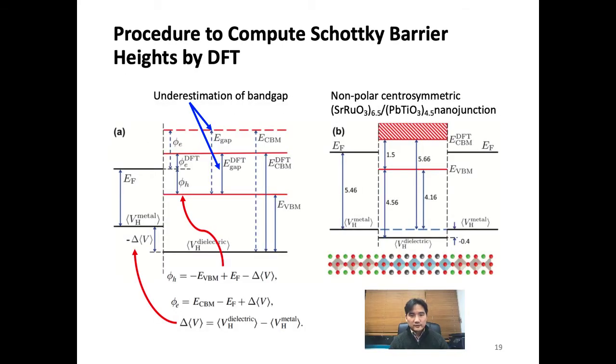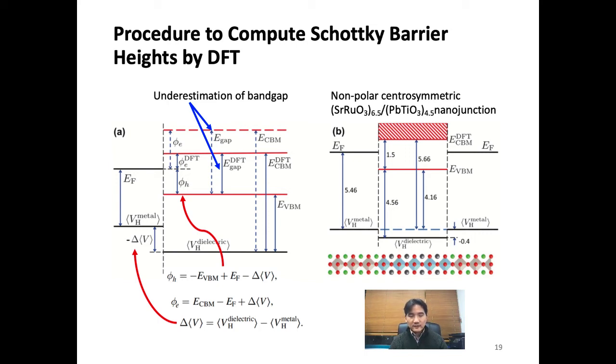So let's take a look at a simple example of computing Schottky barrier heights using density functional theory. In this slide, I brought up an example of an SRO, PTO, SRO nanojunction or sandwich.